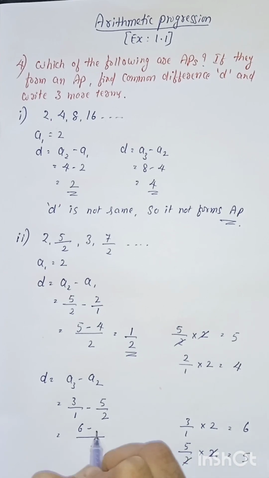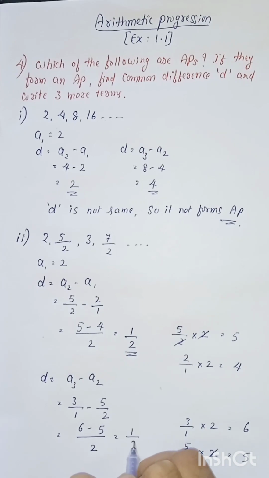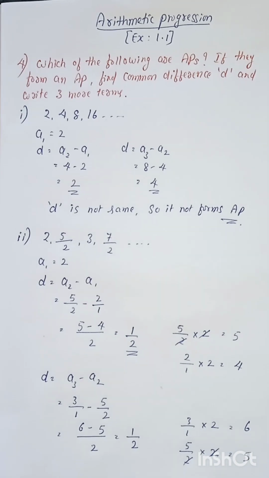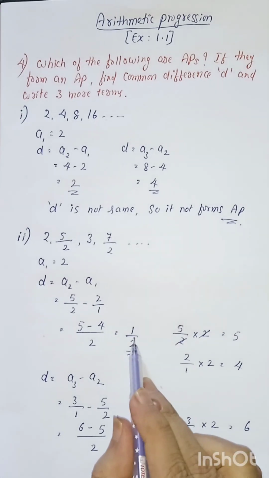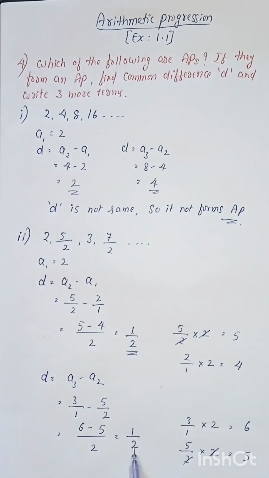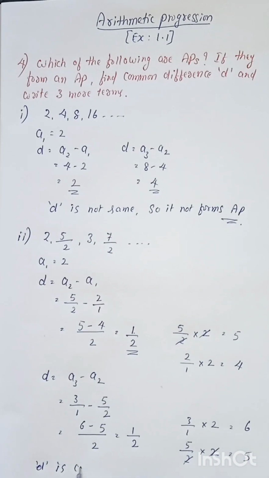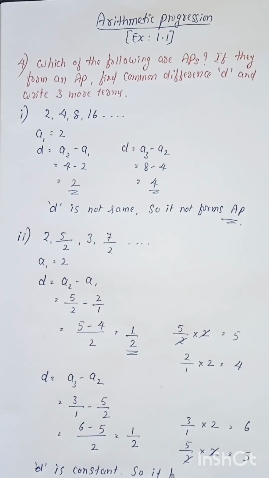You will get 5. So 6 minus 5, that is 1 by 2. We can see that both the common differences are 1 by 2, 1 by 2. So it forms an AP. D is constant, so it forms an AP.